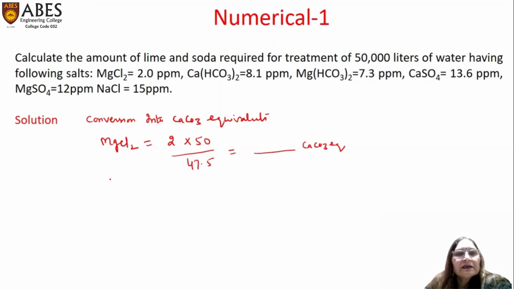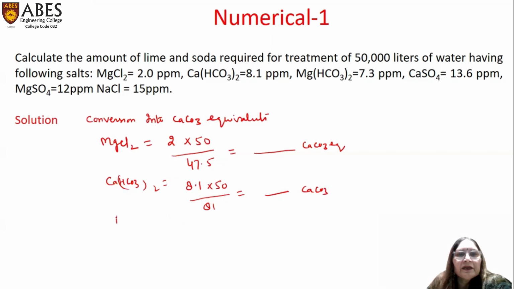And second is calcium bicarbonate. The amount given is 8.1 ppm into 50, that is the calcium carbonate equivalent, divided by 81, the equivalent weight of calcium bicarbonate, and converted into calcium carbonate equivalent.